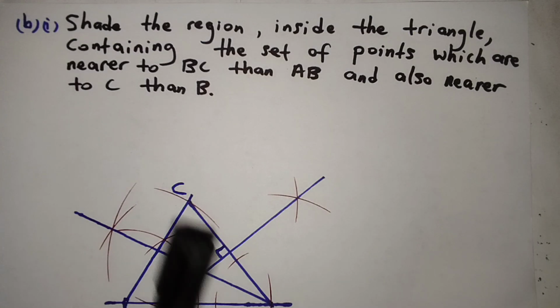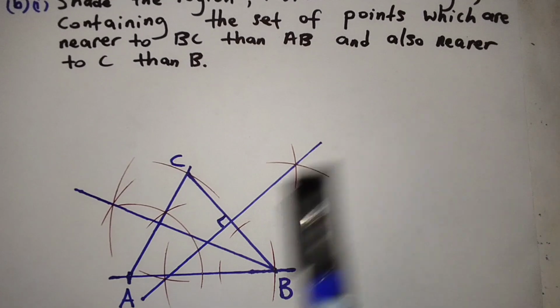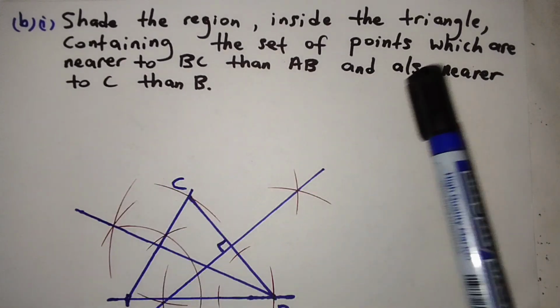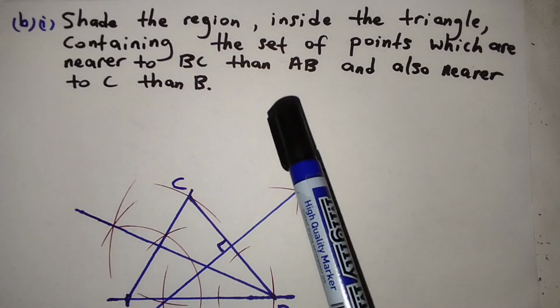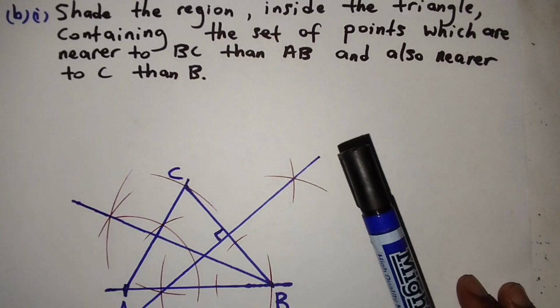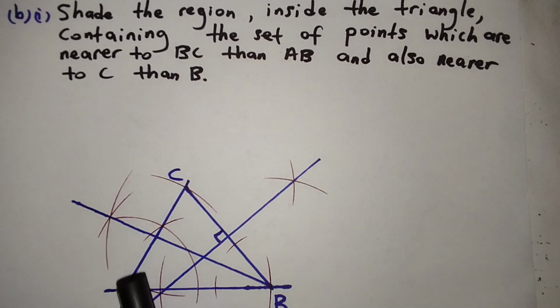Now we want to shade the region inside the triangle. This is our triangle containing the set of points which are nearer to BC than AB and also nearer to C than B. So we want to shade the region which contains the set of points which are nearer to BC.